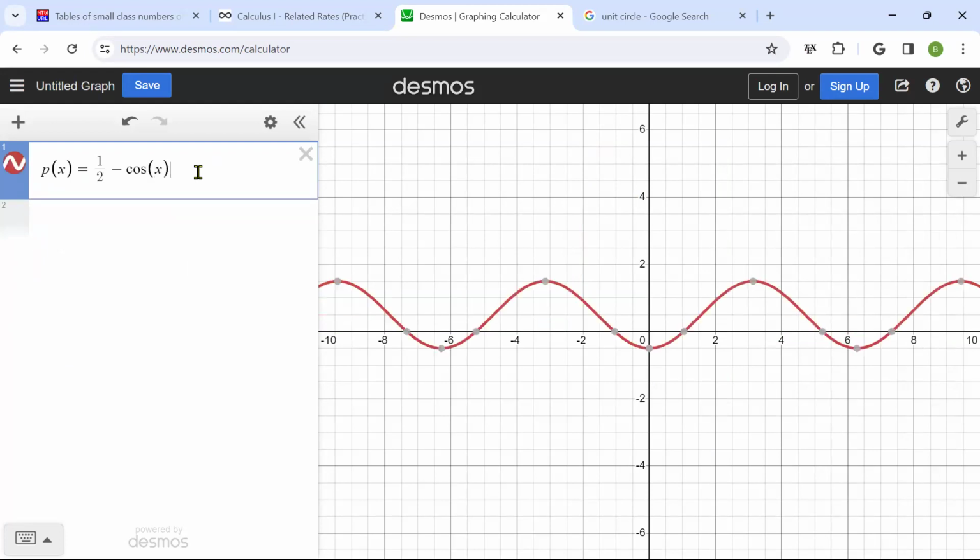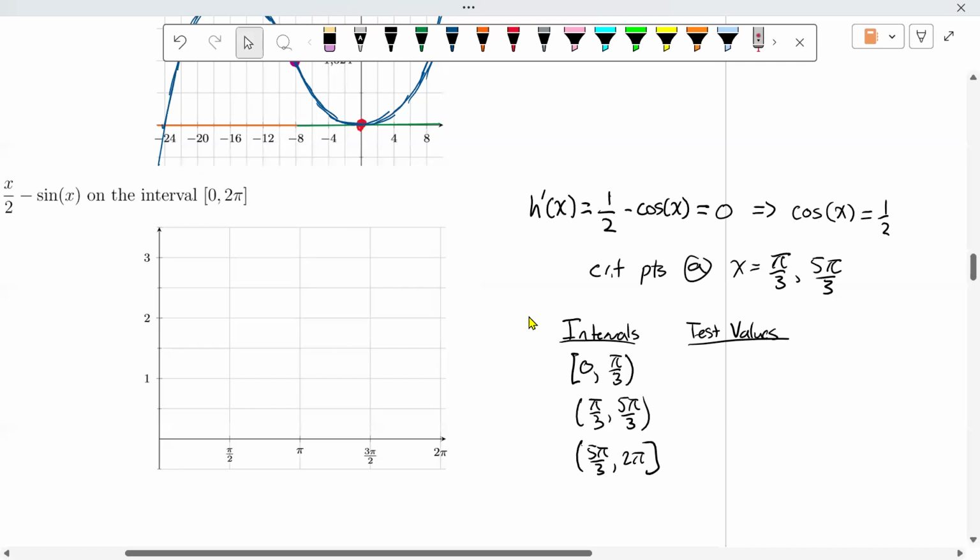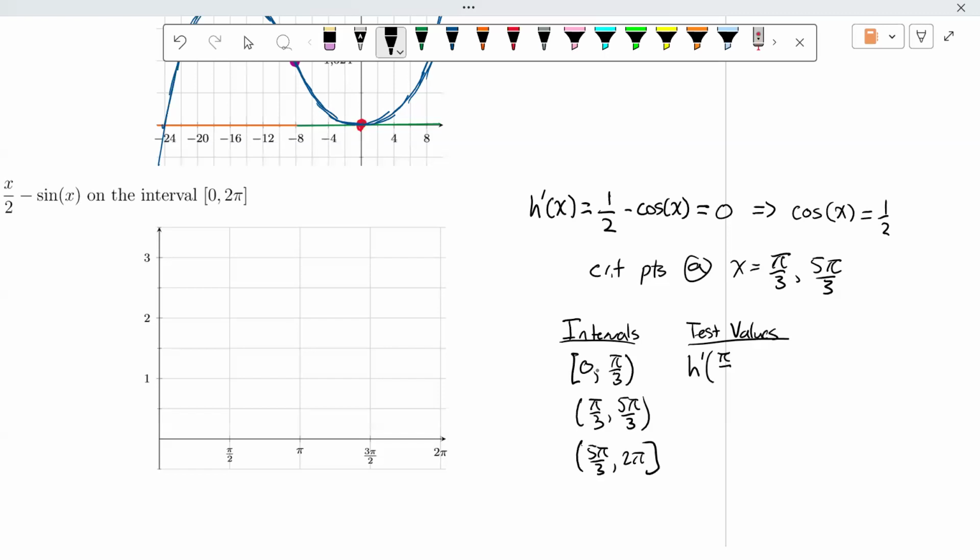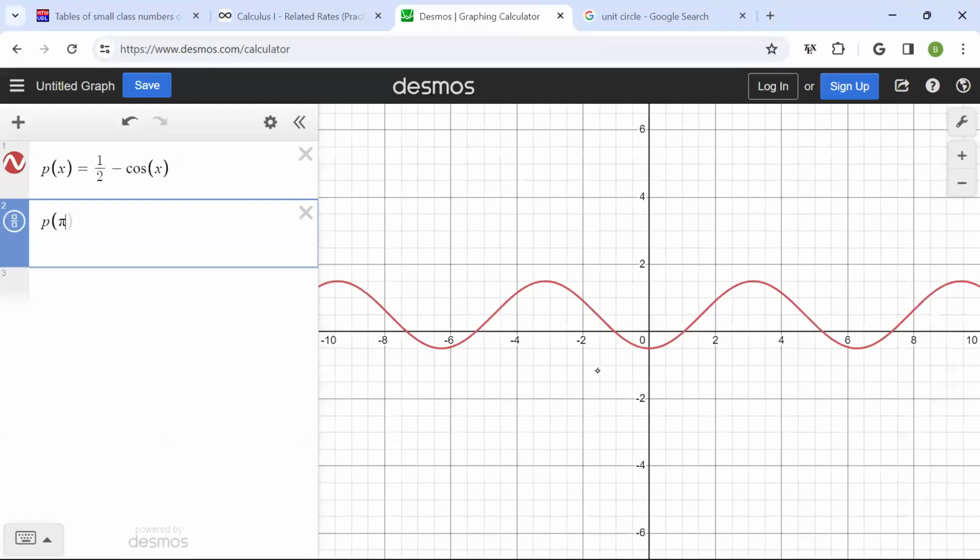My test value is going to be pi over 6, because I think that's right in the middle between 0 and pi over 3. I'll get negative 0.366.